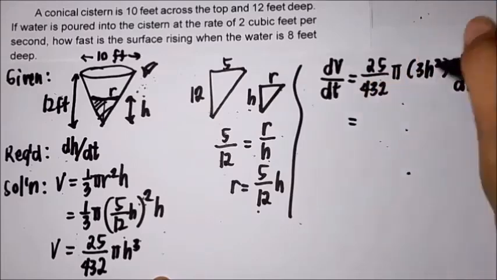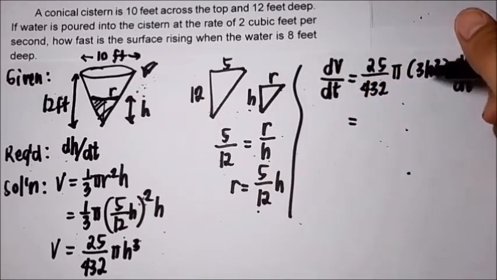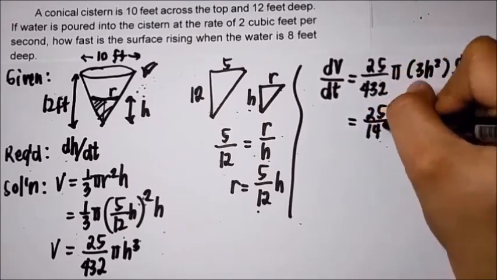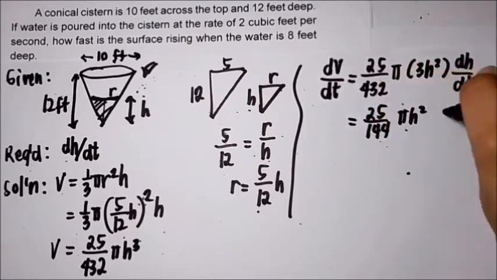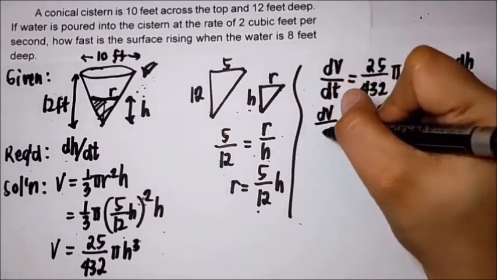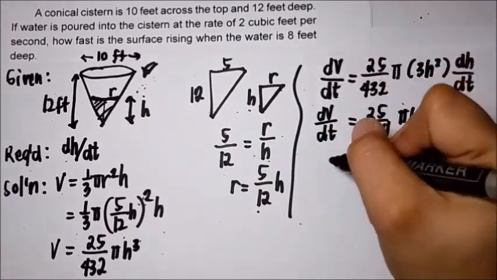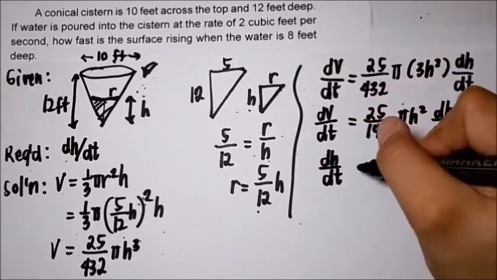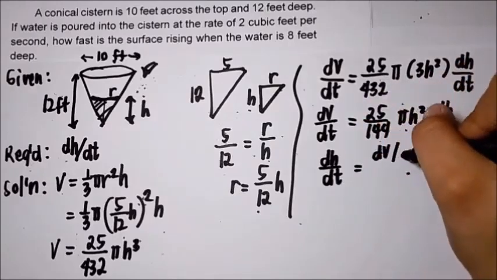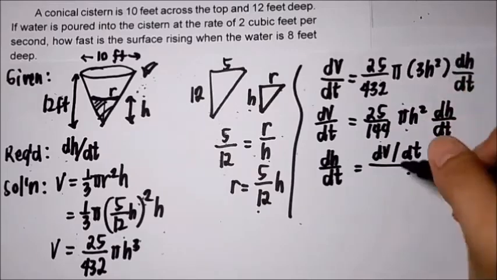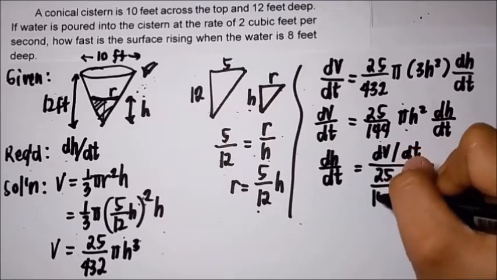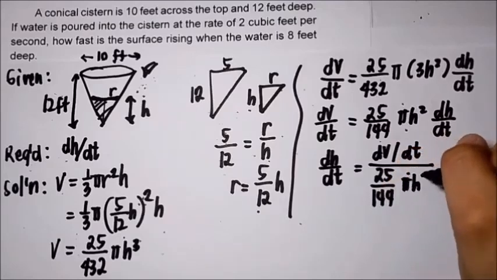Simplifying this, we will be having 25 over 144 pi h squared dh over dt, and this is equivalent to dv over dt. What we need is the value of dh over dt, so divide both sides by this factor. So dh over dt is dv over dt all over 25 over 144 pi h squared.